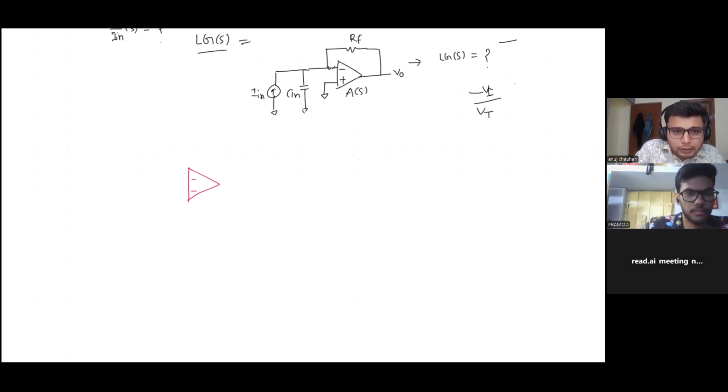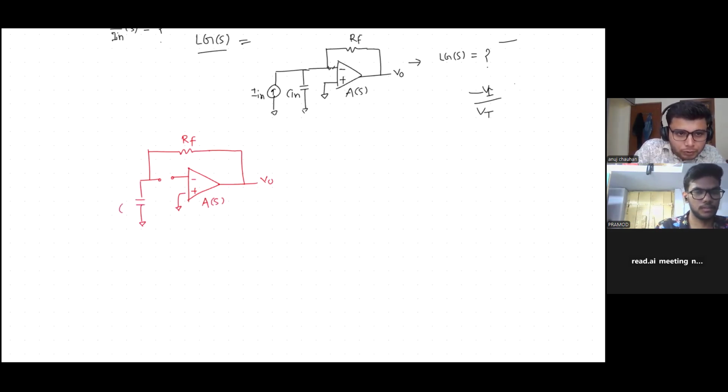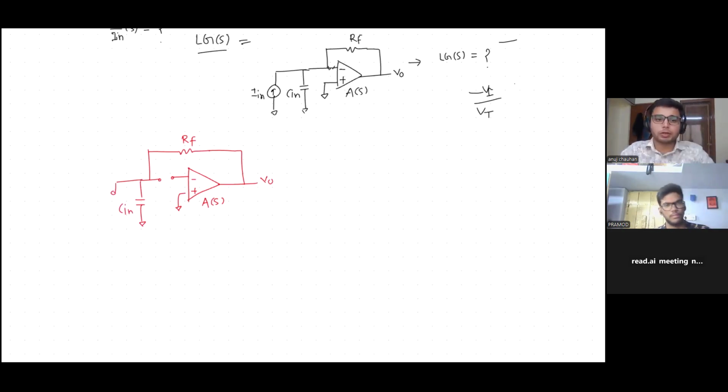You want to break the loop here. This is RF, this is my V naught, this is my A of s, and this is our C in. The input you want to make open. Here you want to sense the V feedback, and here you want to apply V test. That's it. So now calculate the loop gain.